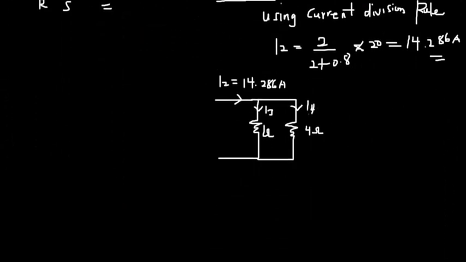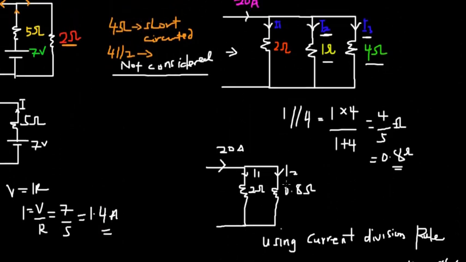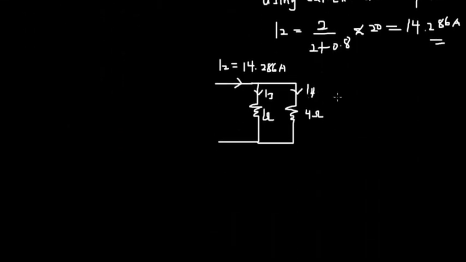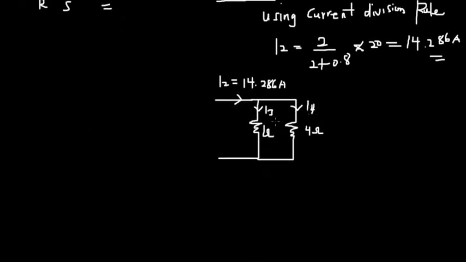From here we reduce this circuit into this format, and then we calculated I2. Now we are coming back to this circuit to calculate I3. For here the current I3 will flow through the 4 ohms, but when you reduce the circuit, you can notice that the current I3 is flowing through the 1 ohm. So now let's proceed.